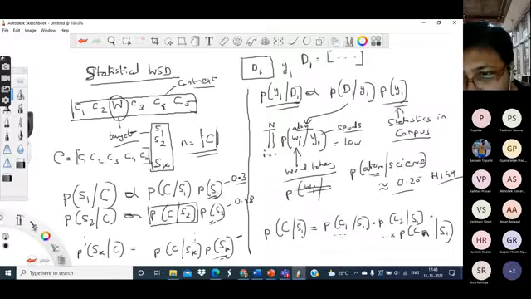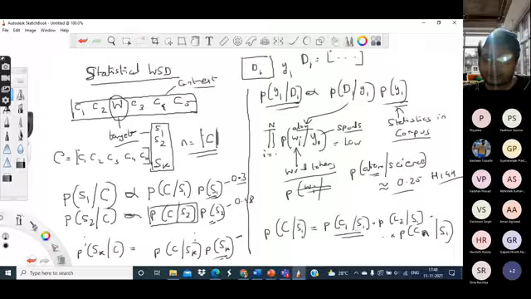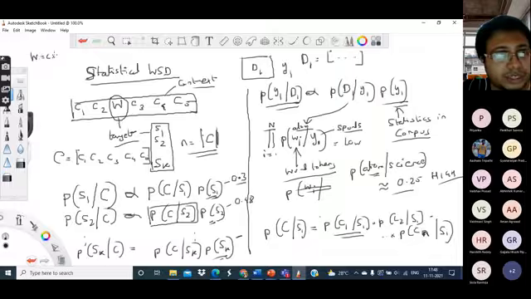Okay. So now what is this? This is saying that whenever the word W is used in the sense S1, what is the probability of finding this word C1 in the surroundings? Say the word W that we are talking about is cricket.